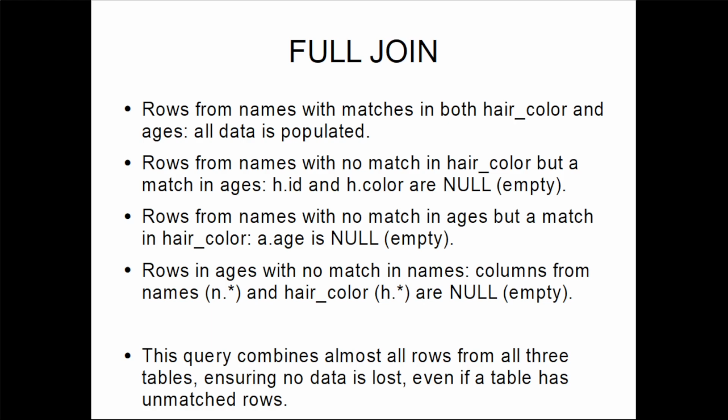Names rows with a match in hair_color but no match in ages: ages.age is null, while names and hair_color columns are populated, if present in the left join result. Ages rows with no match in names: all names and hair_color columns are null, while ages.age is populated.